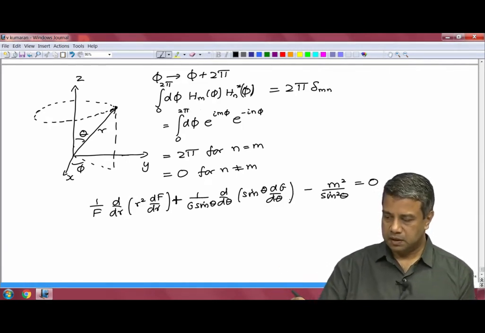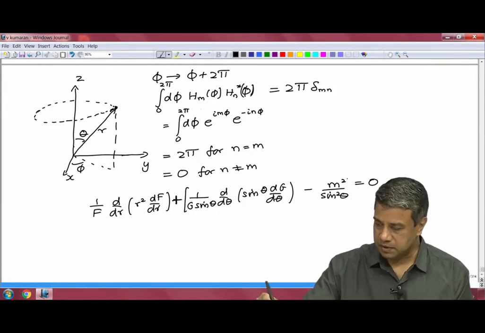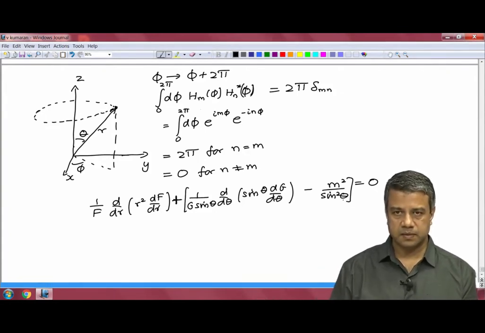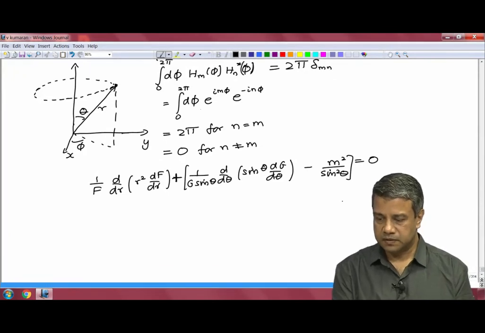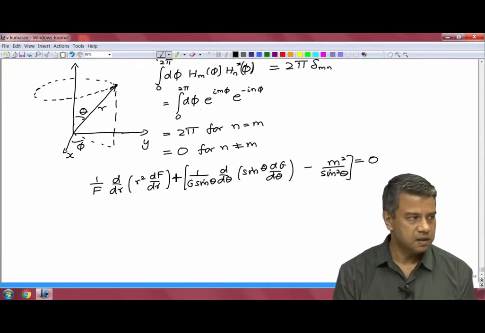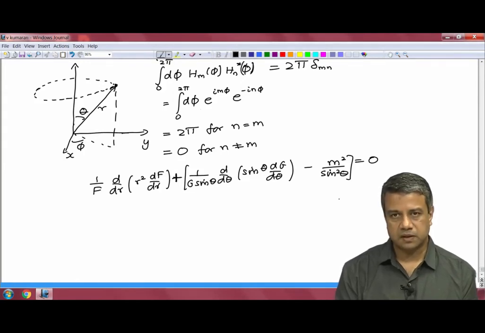And you can see that this second term is only a function of theta. The first term is only a function of r. Therefore, both of them have to be equal to constants. What should that constant be?